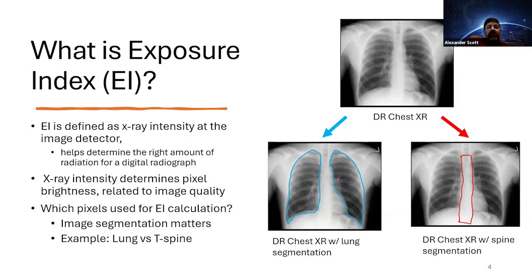So the X-ray intensity determines the pixel brightness, and that's one of the main components of image quality. And it's important to understand which pixels are being used for this EI calculation. So on the right, I have a plain chest radiograph, and there are two different directions that radiograph could go.